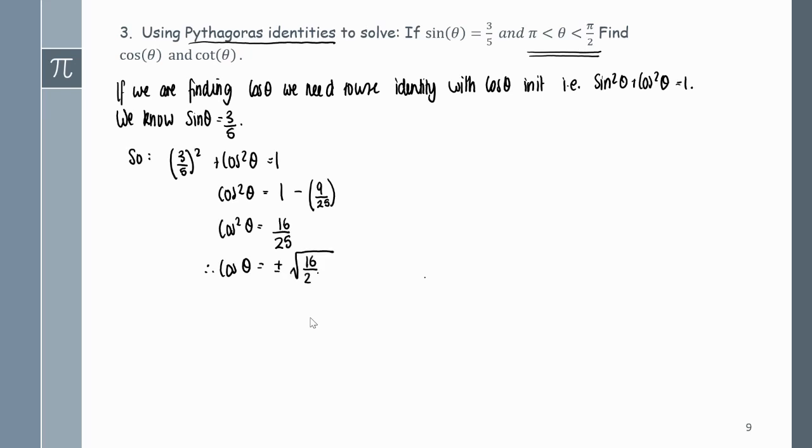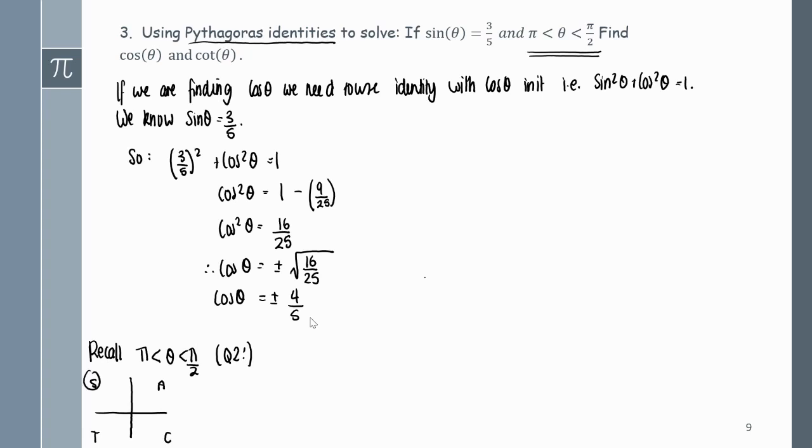Remember, you can take the positive and negative square root. So we have positive or negative the square root of 16 over 25, which is just positive or negative 4 over 5. Now we have to take into account the specific domain. So recall that my value of theta is between 90 and 180 degrees, or pi on 2 and pi radians.